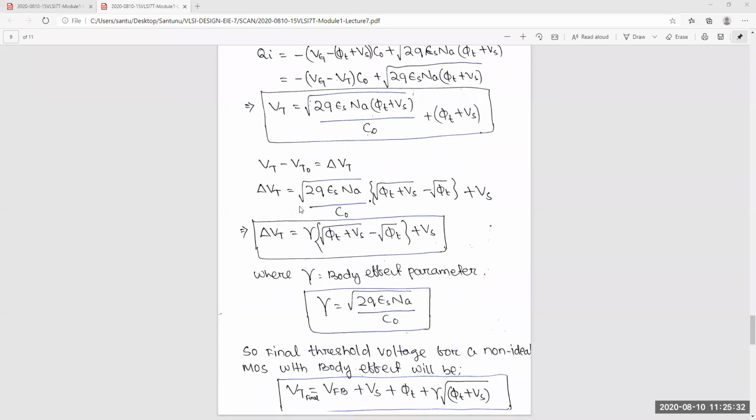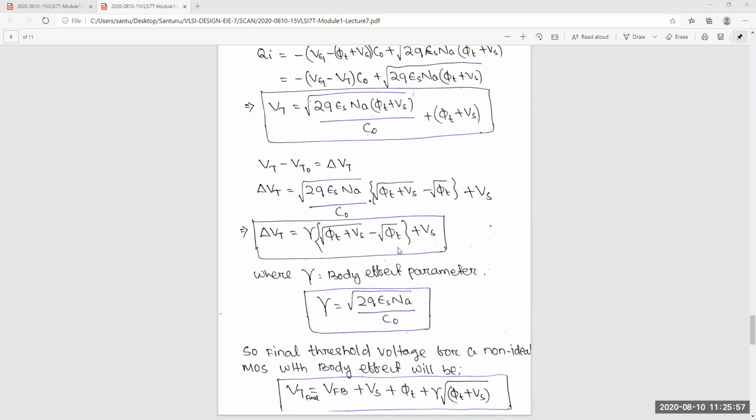Generally this part is what we call the body effect parameter, gamma, 2q epsilon Na by C0. So del Vt is equal to gamma times root of phi t plus Vs minus root of phi t. In Kang you can see this phi t is 2 phi f.